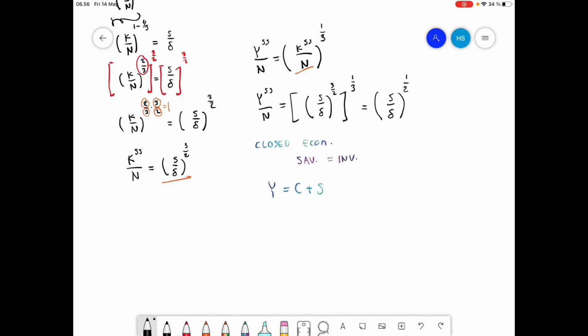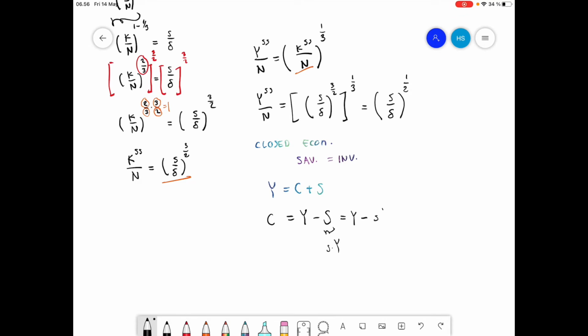So if we want to find the consumption level, we simply solve for C. So consumption must be equal to total income minus your savings. And savings I can rewrite as the savings rate times total output.